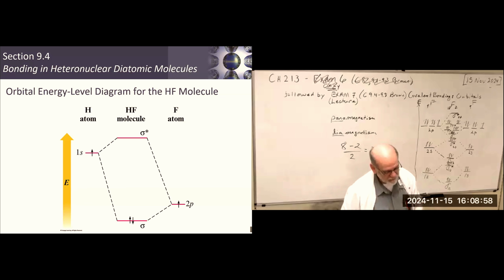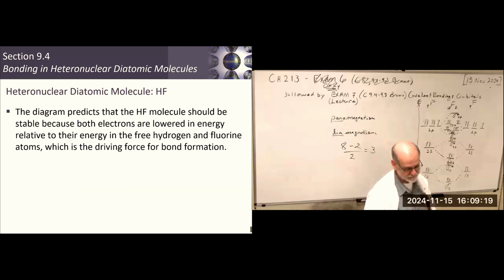So the combination of orbitals for HF are the 1s for the hydrogen and the 2p for the fluorine, and we get a sigma and a sigma star. Combine those, you get essentially a single bond. 2 minus 0 divided by 2 is 1, and that's what we observe in the molecule.